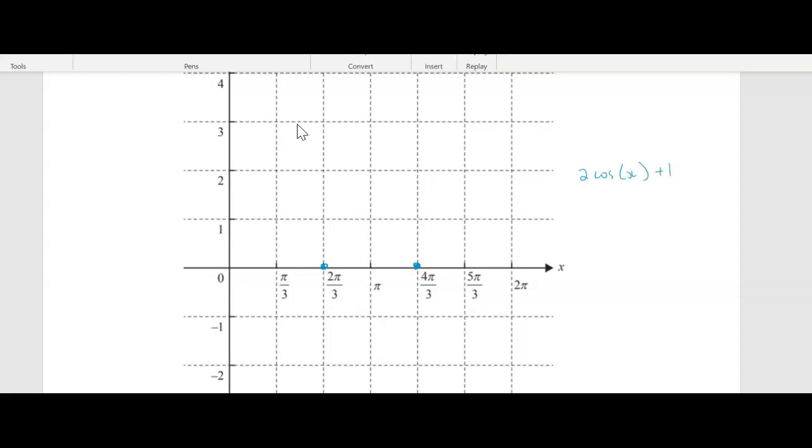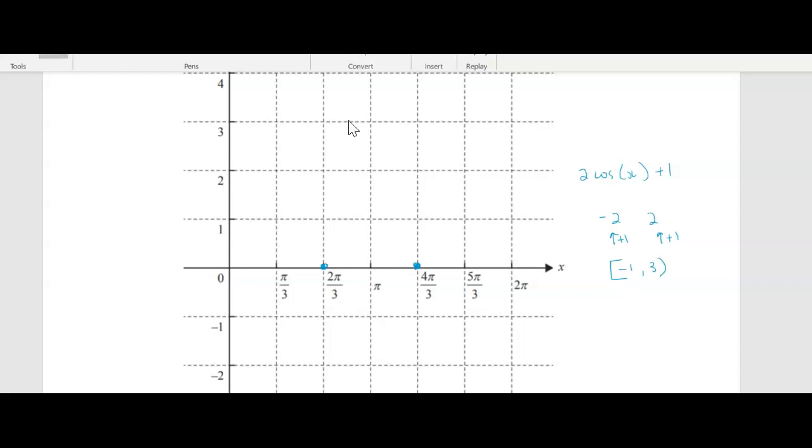We've got an amplitude of 2. So basically our original graph has gone from -2 to 2. But because we're shifted up 1, this has got to go up 1. So now our range is going to go from -2 plus 1, which is -1, to 2 plus 1, which is 3.